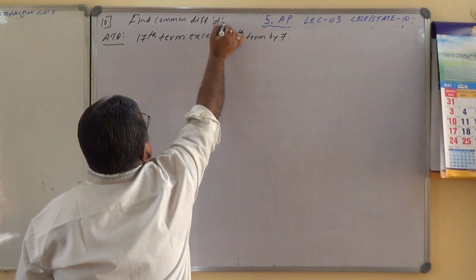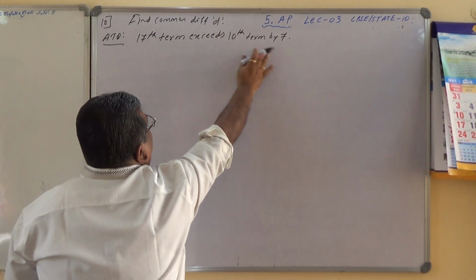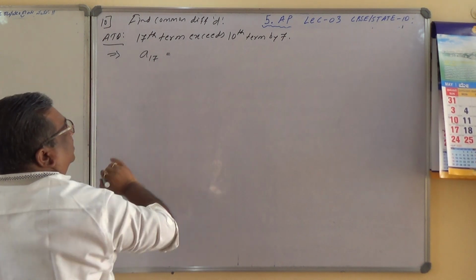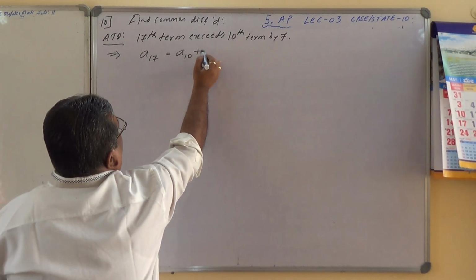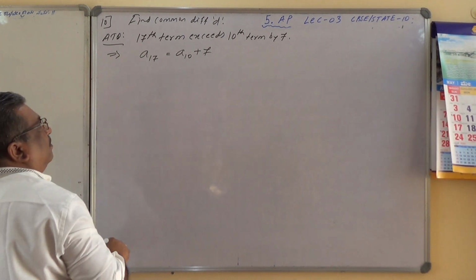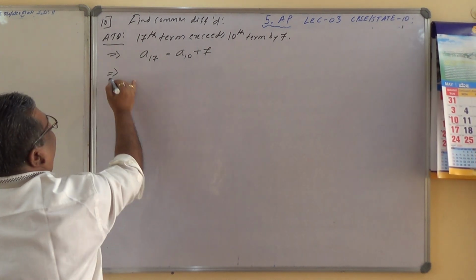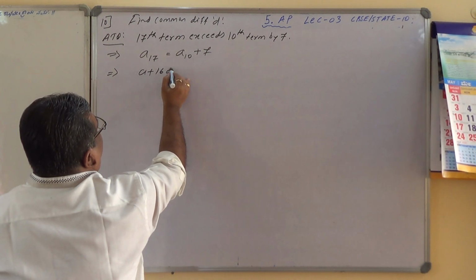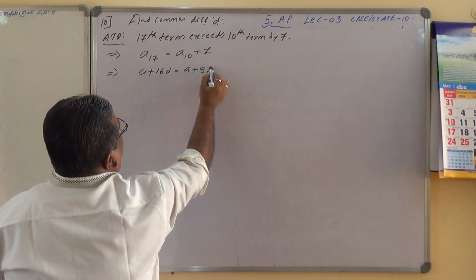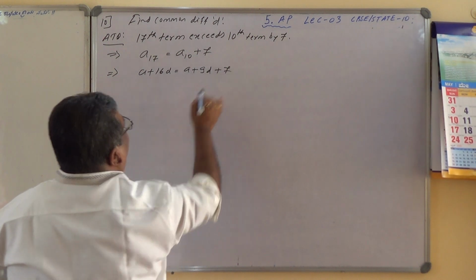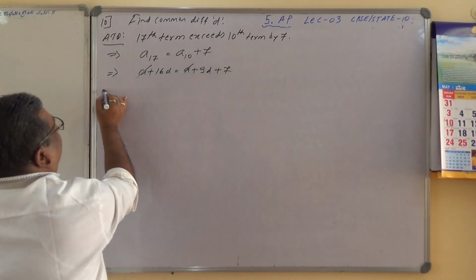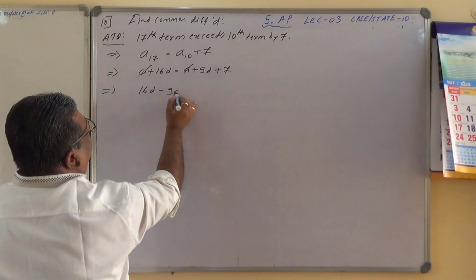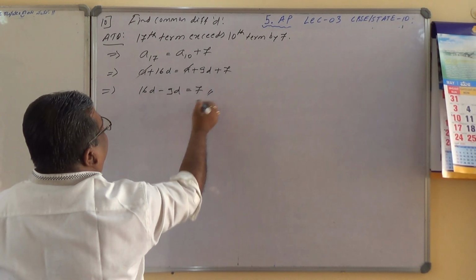Common difference D. 17th term exceeds 10th term by 7, implies A17 equals A10 plus 7. Correct now? This is how it is. Now, this implies A17 is A plus 16D, A plus 9D plus 7. A cancels, implies 16D minus 9D equals 7.